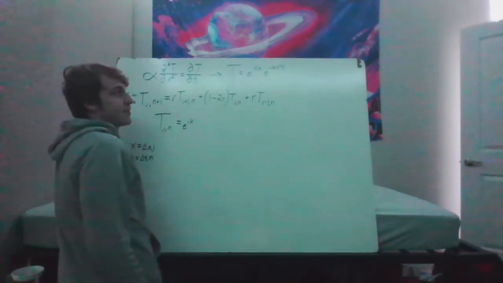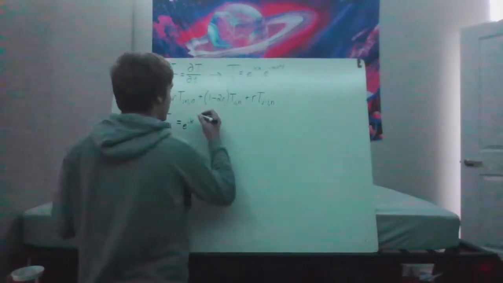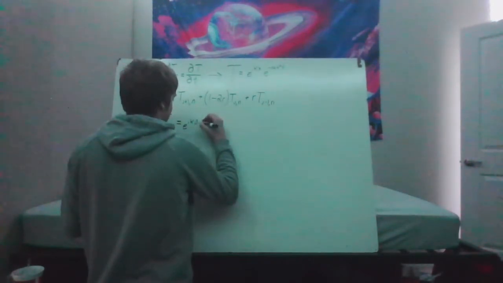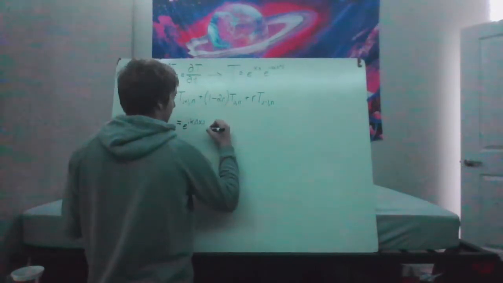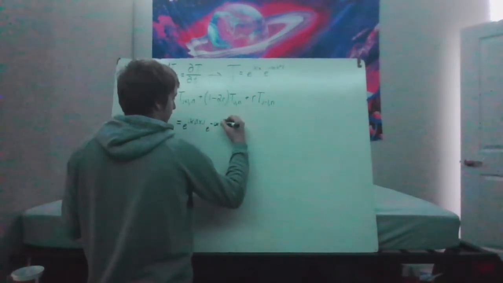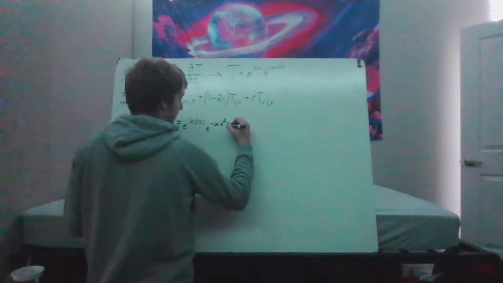They're just based on our boundary conditions in the problem. So I, k, and then that would be delta x j, and then e to the negative alpha k squared, and then delta t n, like so.